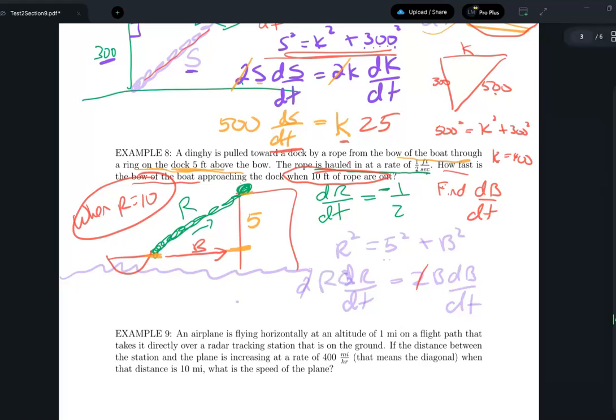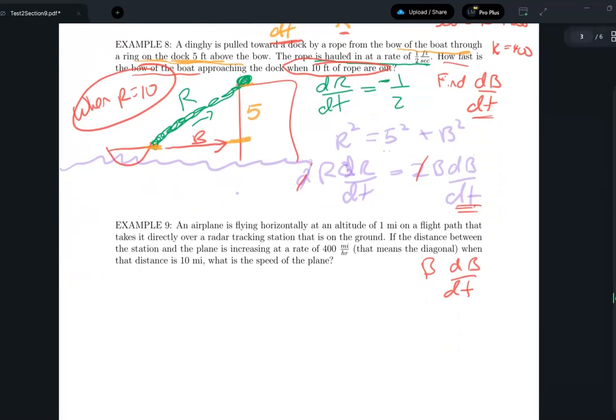Then I can cancel the 2's and the r's. Now let's plug information in. I'm trying to find dB over dt, so that's totally fine to have that there. I've got this b carrying along, and I'll find that in a second. And then I've got dr over dt is -1/2, and r is 10. So now our mission is to go find b.